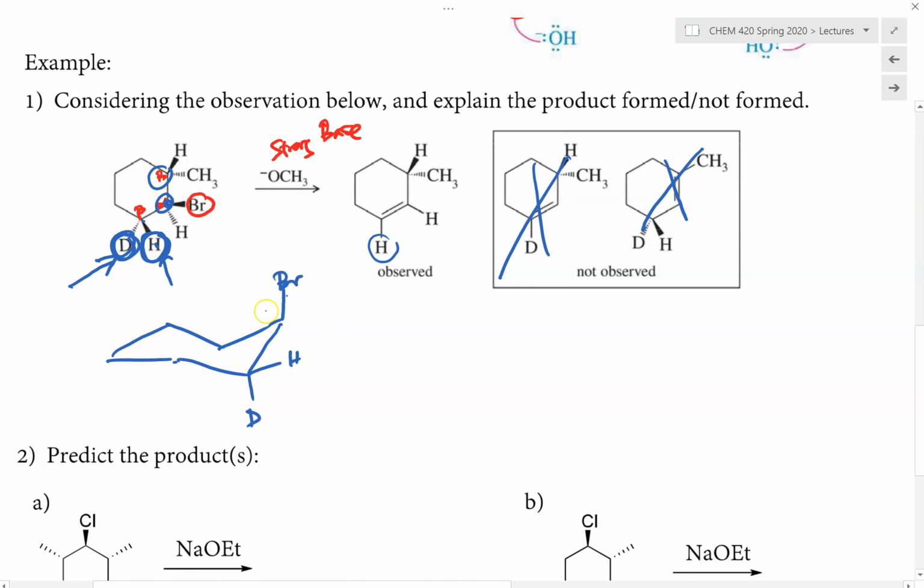And on the following carbon, the methyl group is pointing down. So that is the conformation of this cyclohexane, and only in this conformation will it undergo the elimination reaction. In this case, we will see that this bromine and this deuterium are anti-coplanar to each other. So the base will come in, pick up this deuterium, the electrons are donated in, and kick off the bromine leaving group. And this is the reason why we produce this product.